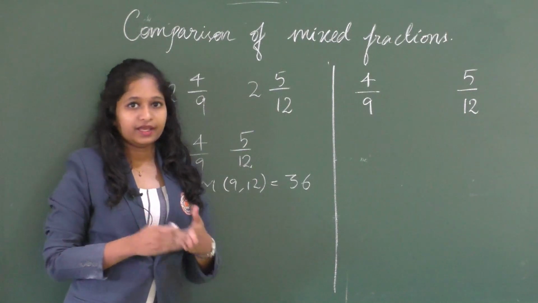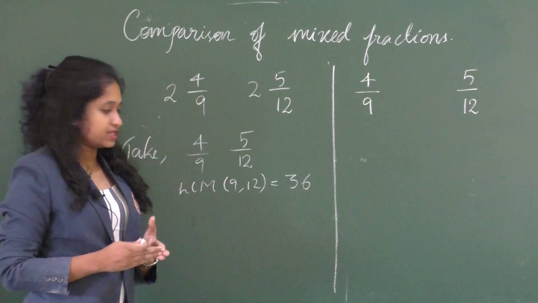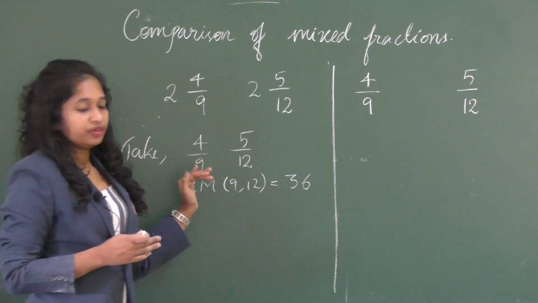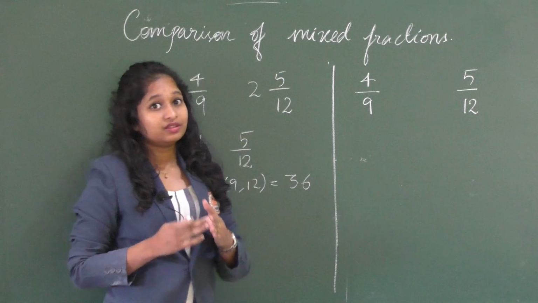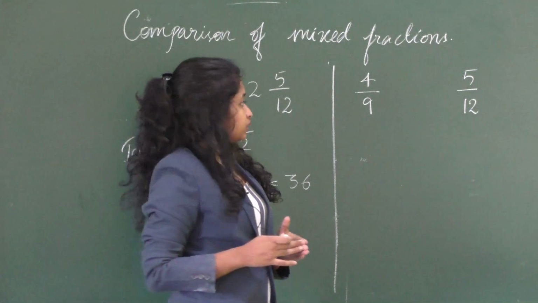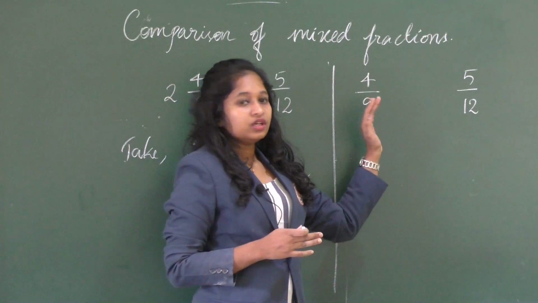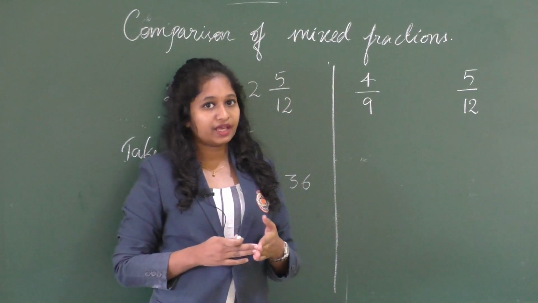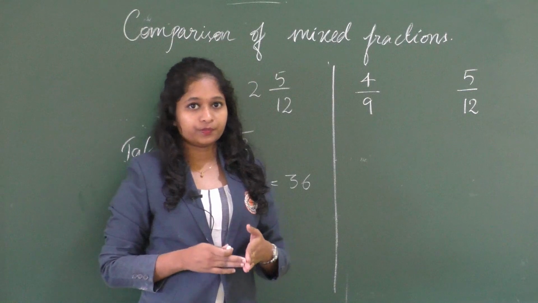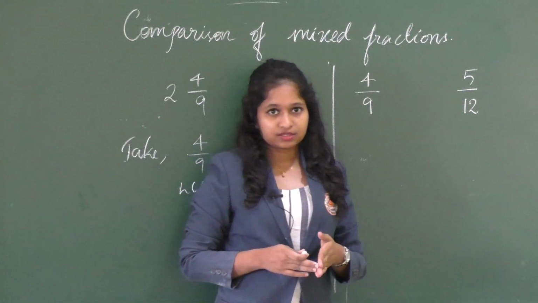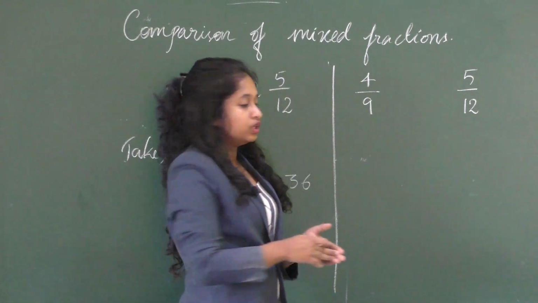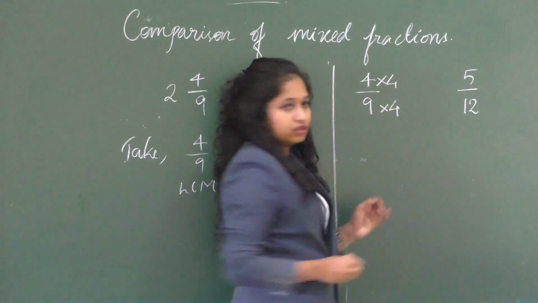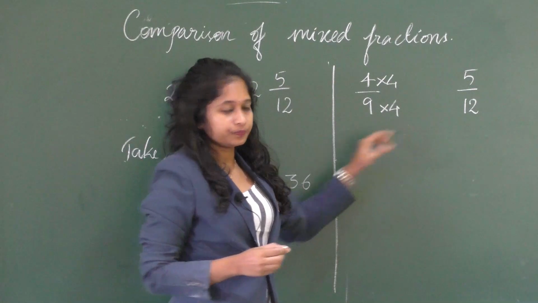Then as we did earlier, find the LCM of the denominators. Here the LCM of 9 and 12 is 36. So how to form 36 here? When you multiply 9 by 4, we get 36, isn't it? So multiply the numerator and denominator by 4.